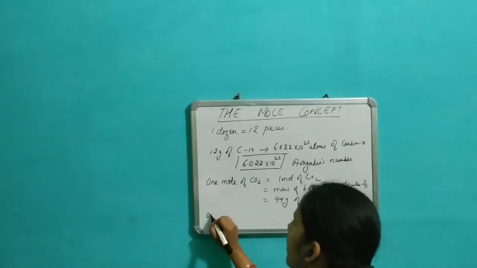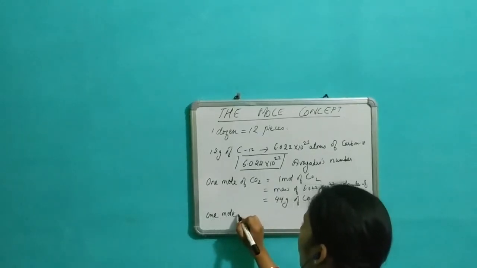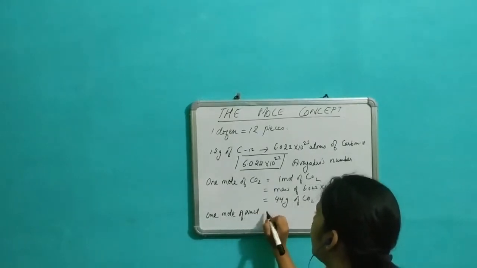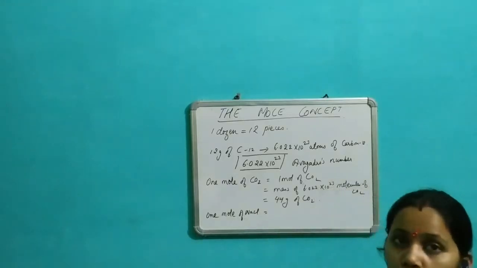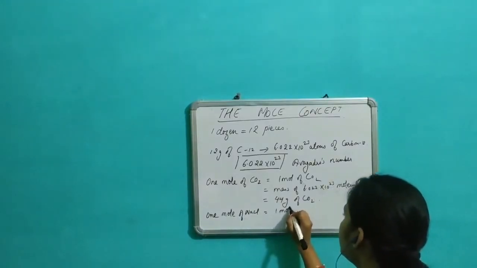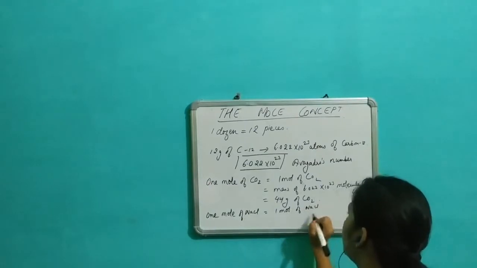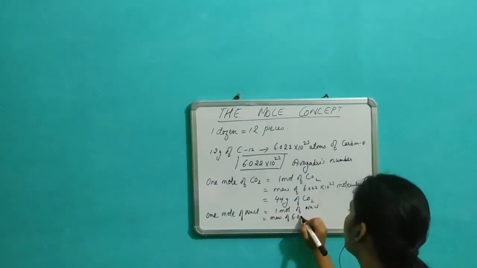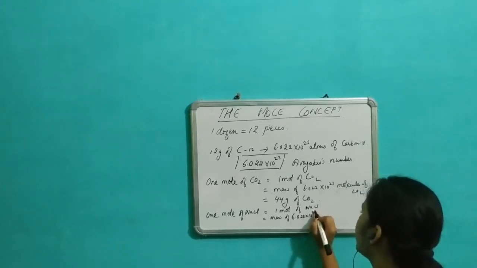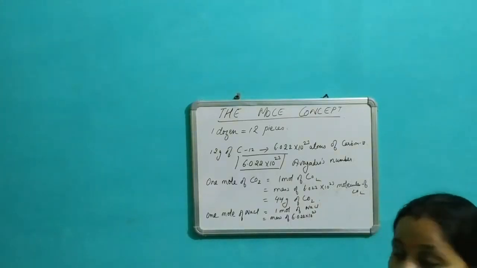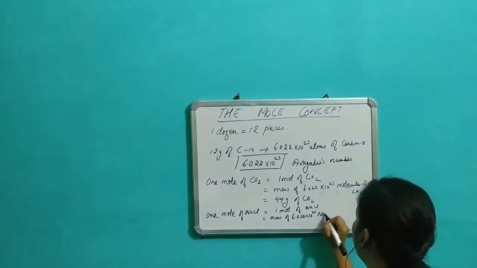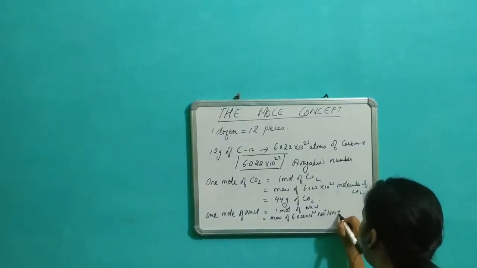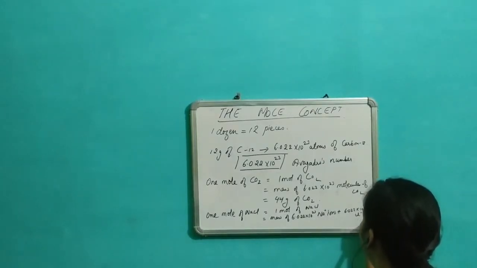Similarly, if I say 1 mole of NaCl, that is equal to the mass of 6.022 × 10^23 Na+ ions plus 6.022 × 10^23 Cl- ions, right?